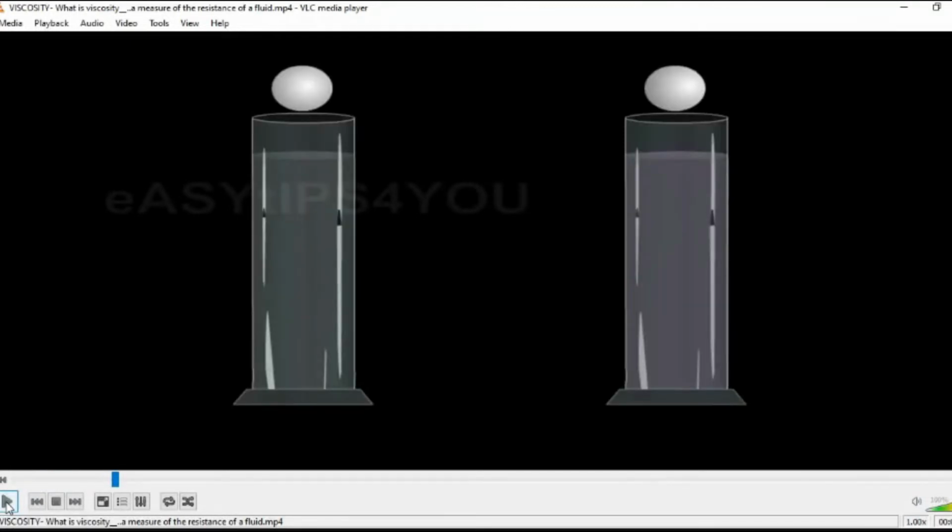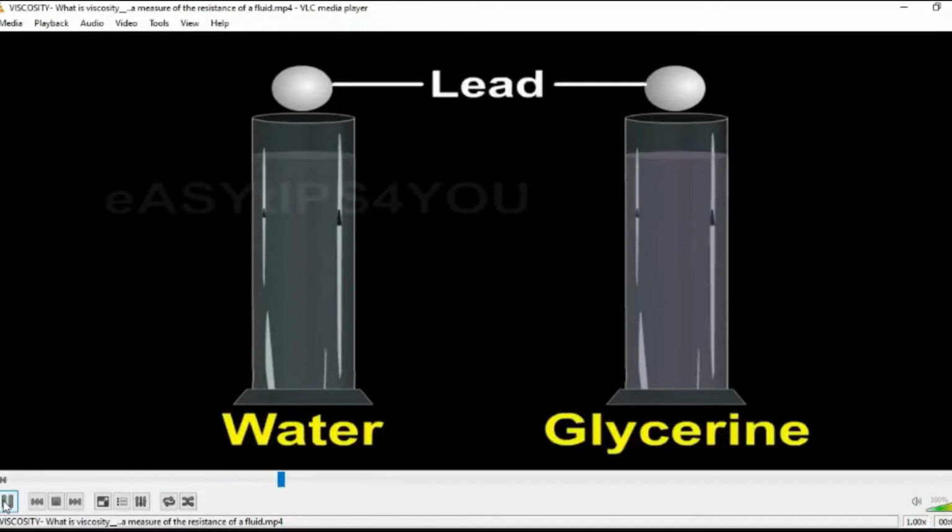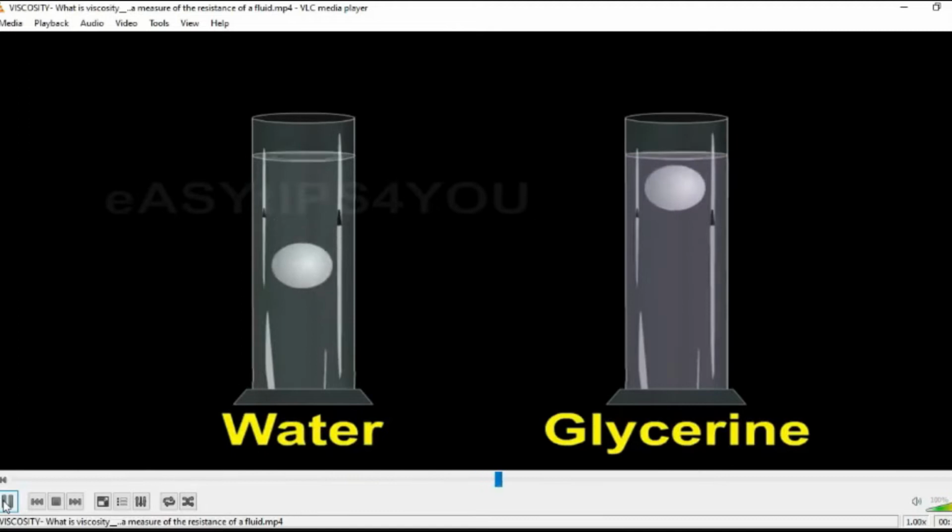Now you can see this simple example. There are two glasses, one filled with water and the other filled with glycerin, and we are going to drop a ball inside each.